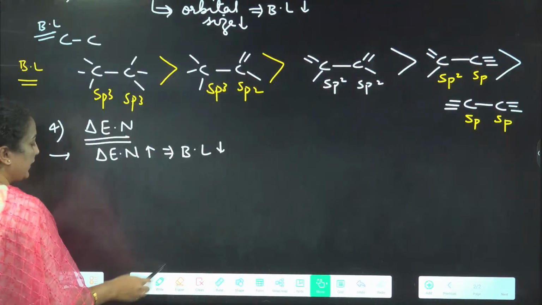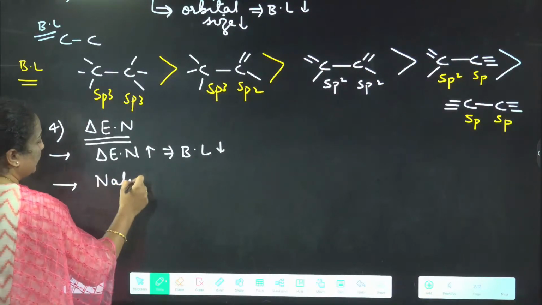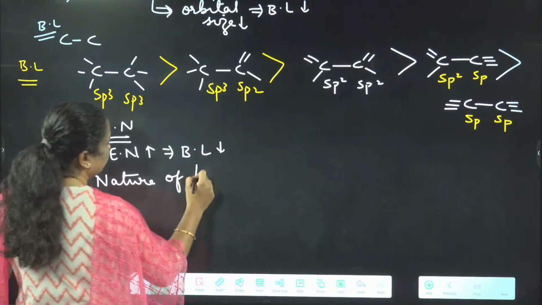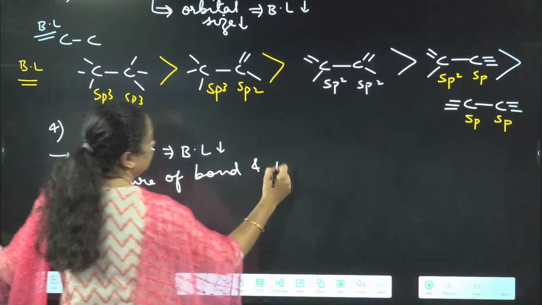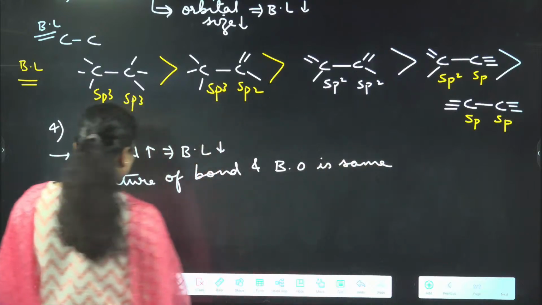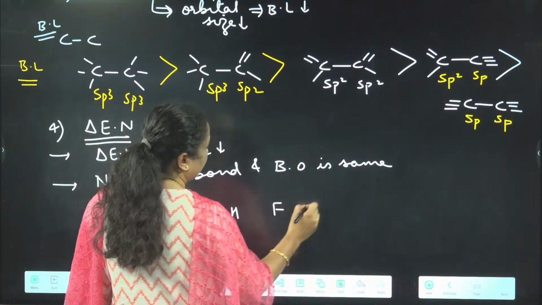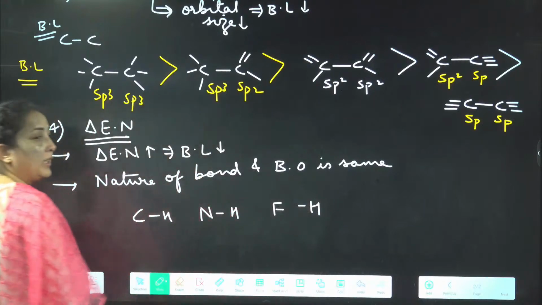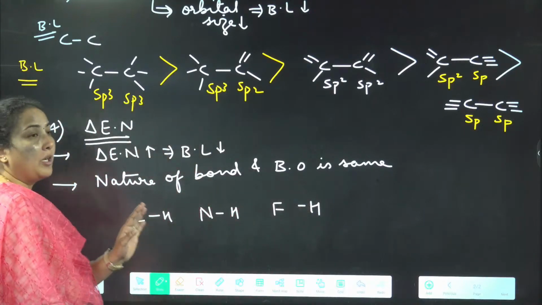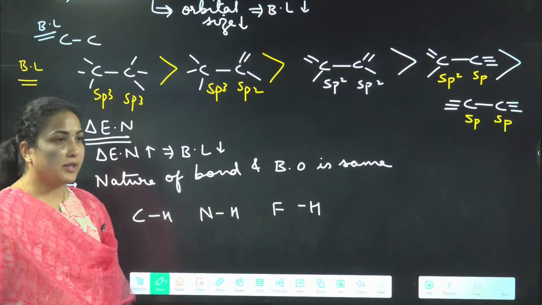Now for this delta EN, check when the nature of bond and bond order are the same, then only you check this. So if I give you CH, NH and suppose FH, in this case, bond order, all of them, it is one only, because I'm just talking about the single bond which is there, right?